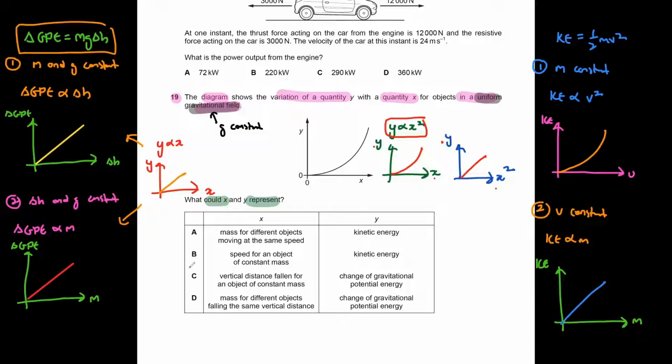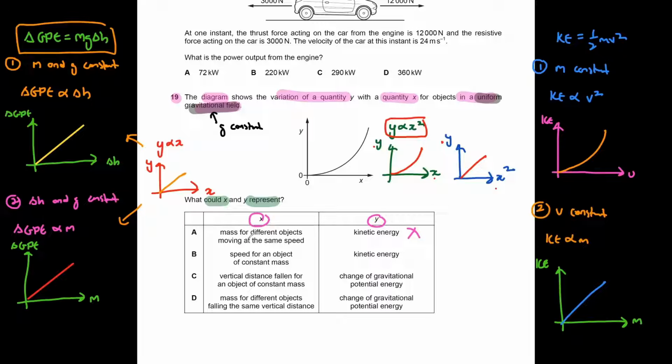Okay, so now which one is actually the correct one in your current question? So you look at A, the x-axis is mass for different objects moving at the same speed, and then y is kinetic energy. This one is actually wrong.